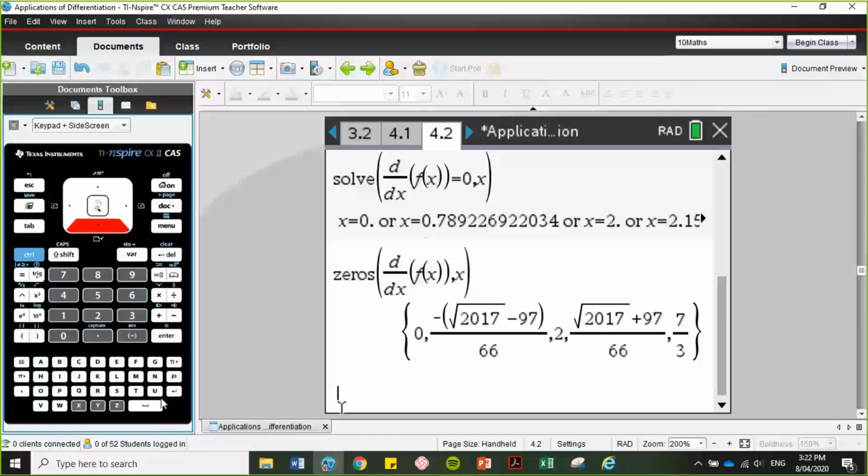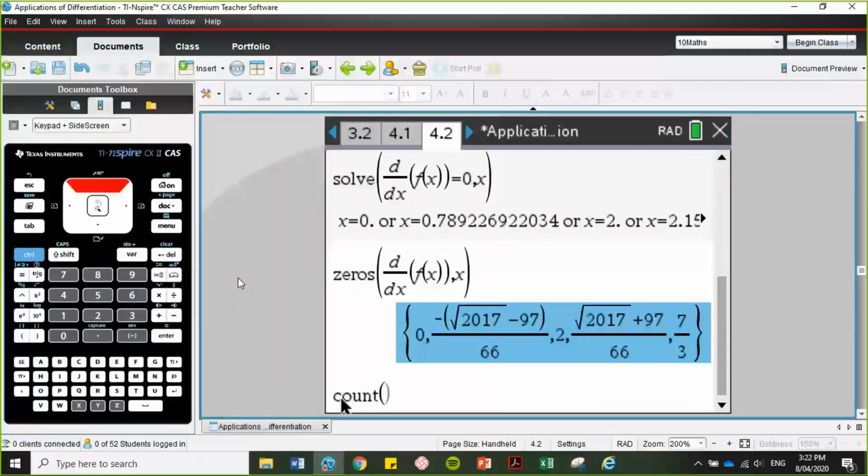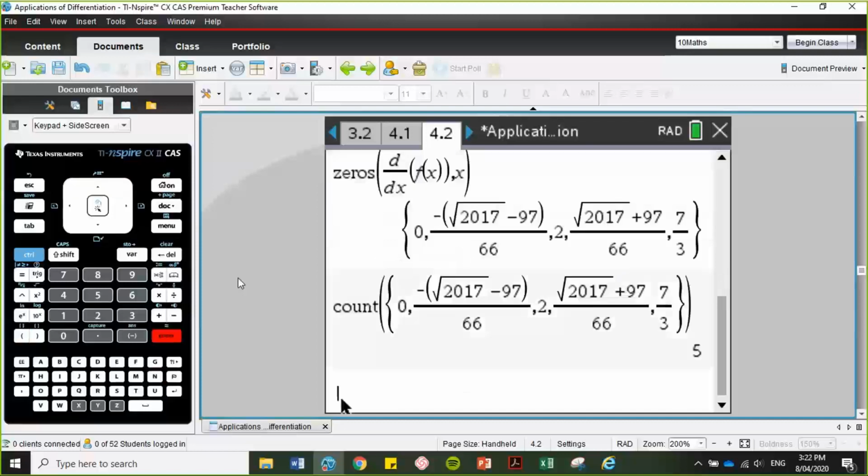So we can access count in this list here, or we can type it in. And if you highlight that set and press enter, it will count the values. That's something I'll show again tomorrow in the webinar about circular function equations, because often they'll ask for the number of solutions to an equation rather than the actual solutions. So hopefully that is handy.